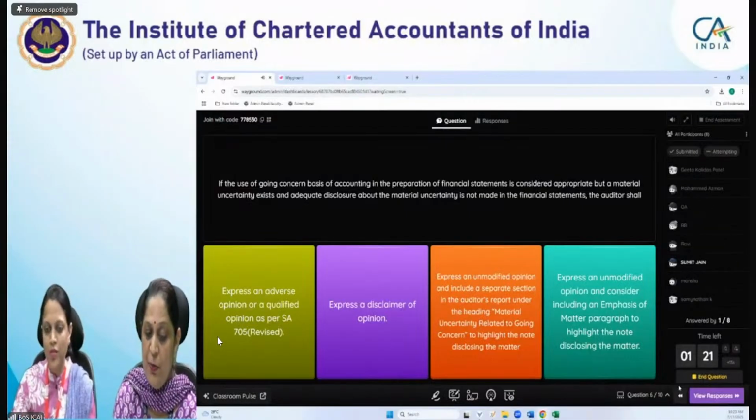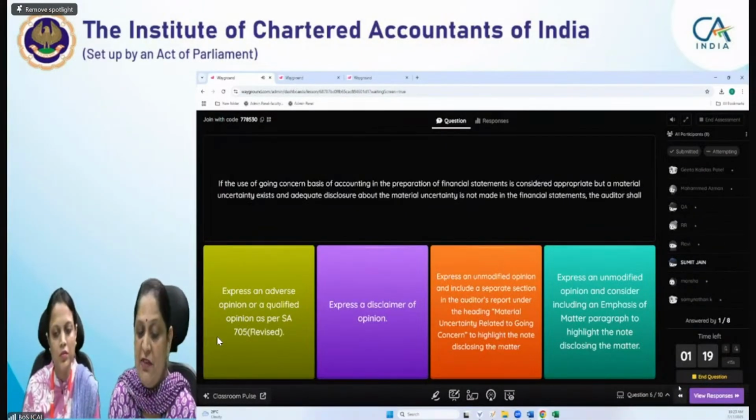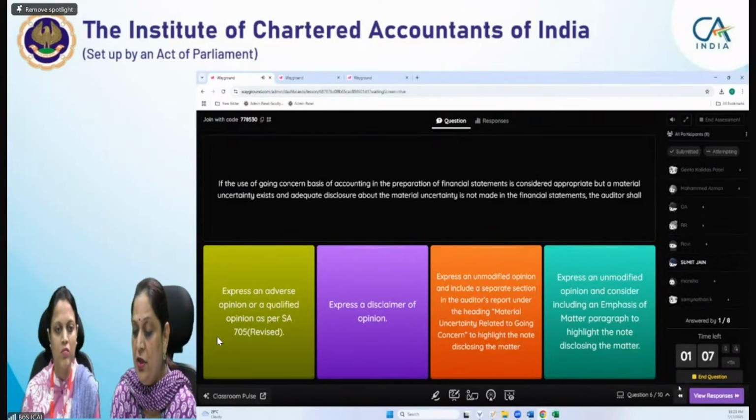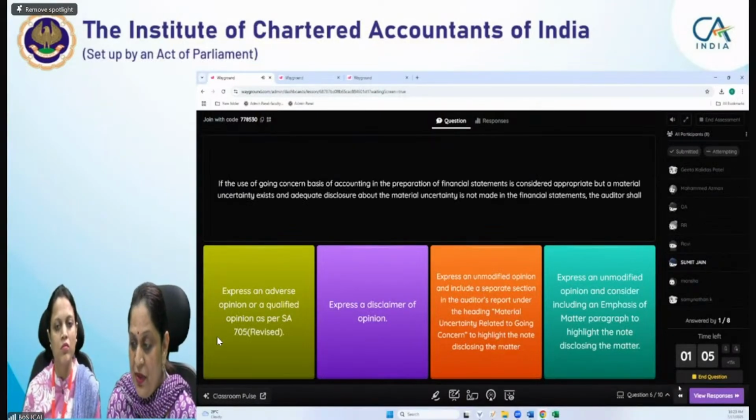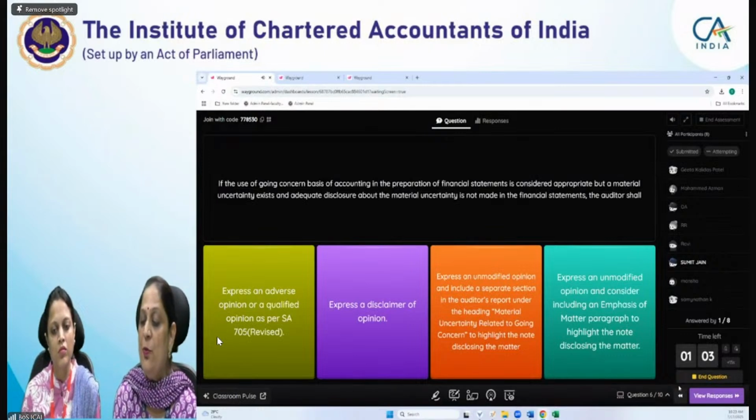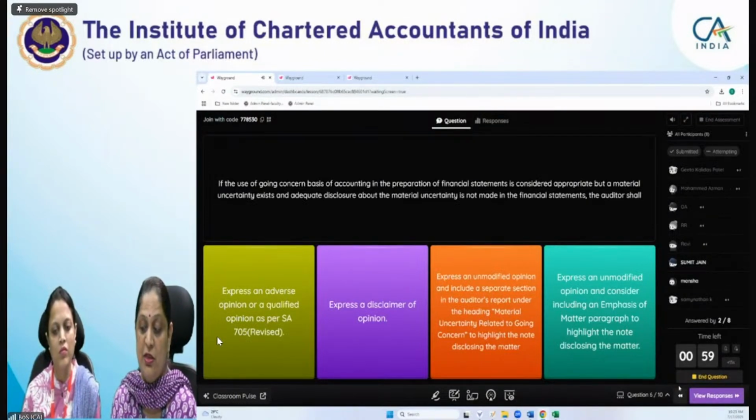An adverse opinion or qualified opinion as per SA 705. Disclaimer of opinion. Express an unmodified opinion and include a separate section in the auditor's report under the heading Material Uncertainty relating to going concern to highlight the note disclosing the matter. Express an unmodified opinion and consider including an EOM paragraph to highlight the note disclosing the matter.